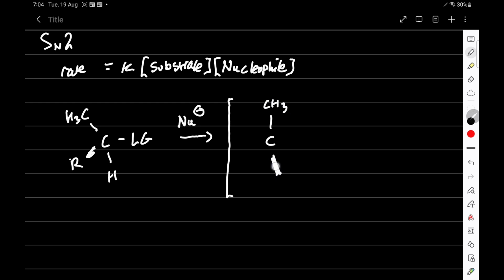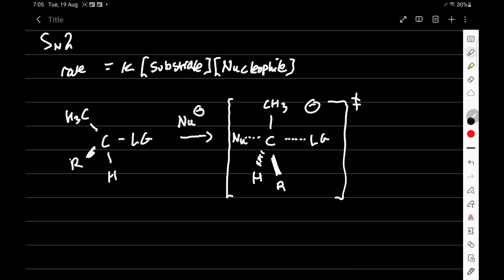And this transition state is trigonal bipyramidal. The symbol that we use for a transition state is this, and overall it's negatively charged.